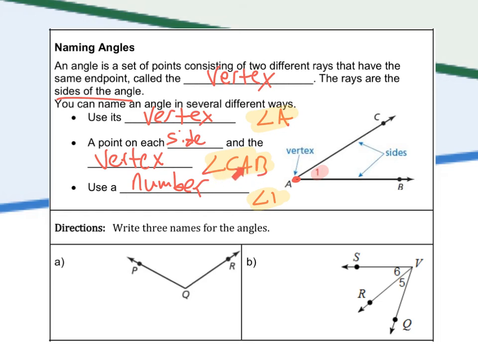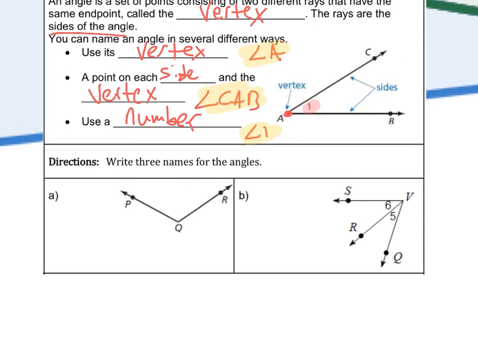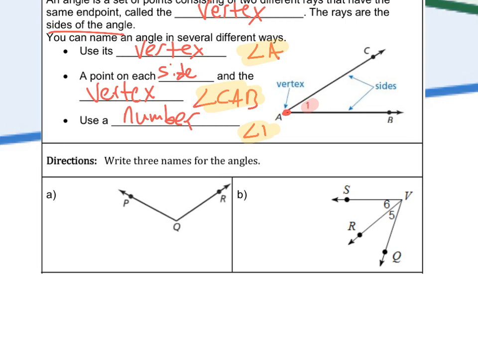My mom calls me Caleb Al Bailey. And when I'm on the soccer team, I'm number 1. So just different names for the same angle. If we're looking for different names here, we've got angle Q. We could call that angle PQR. Or we could flip that around. The order doesn't matter. We could call that RQP. That works also.